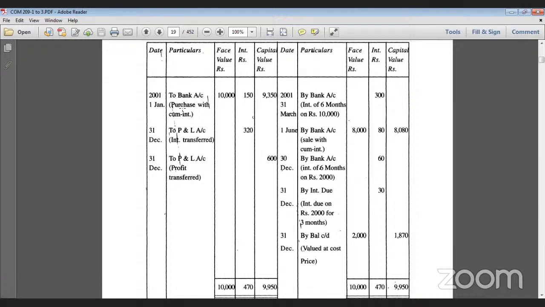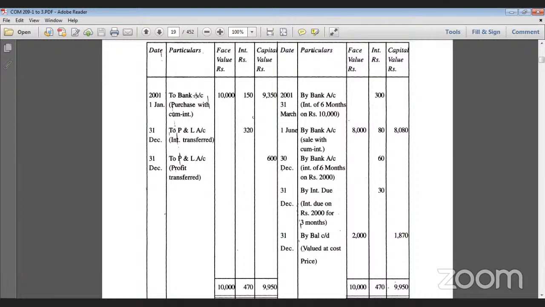After that, the bank receives the interest for 6 months, so it will be 300 in interest. To P&L, interest transferred 320. Bank account, sale with cum-interest.